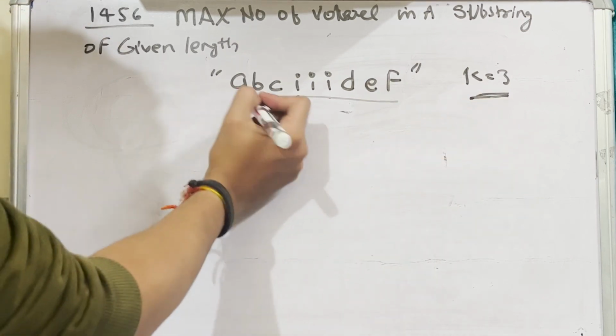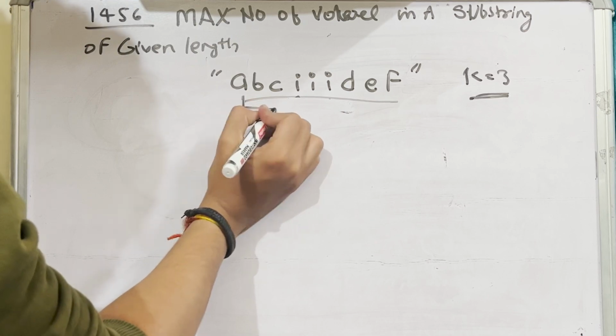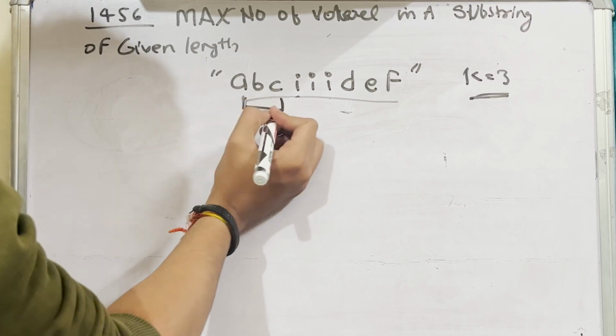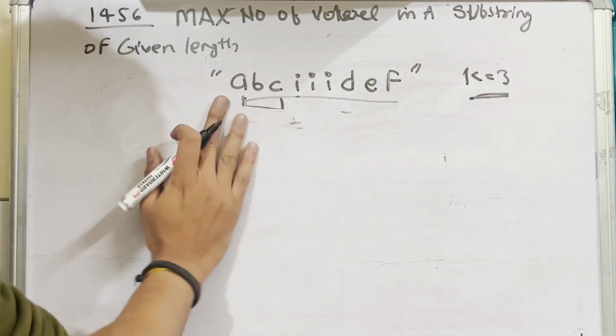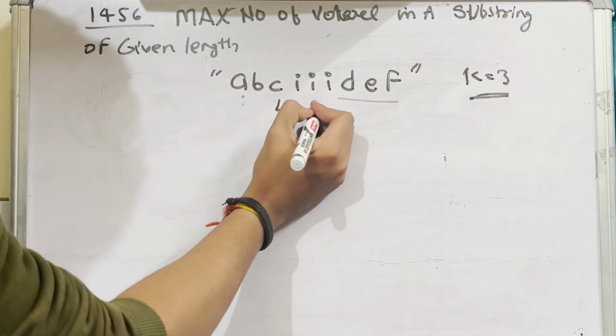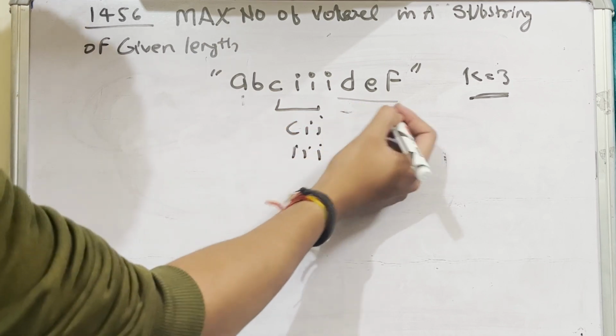For example, if you choose any substring, the substring should be of length 3. For example, ABC will be a substring, BCI will be a substring, and similarly CII and III will be substrings, and so on.